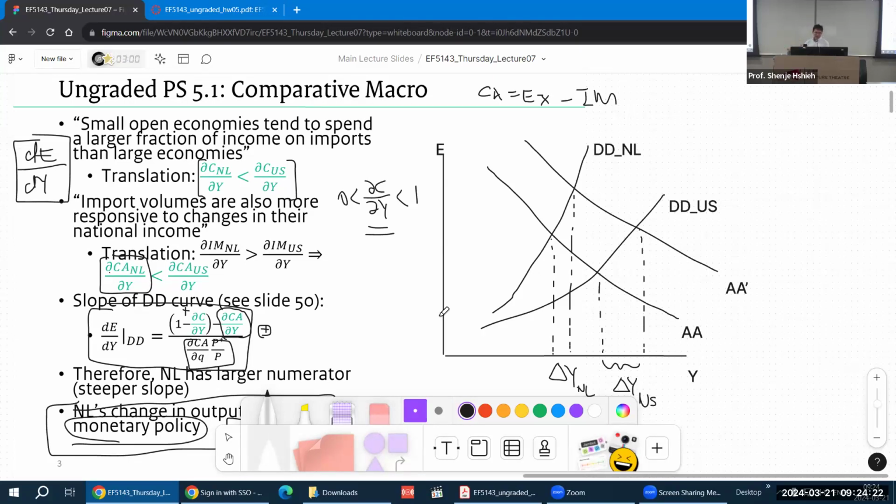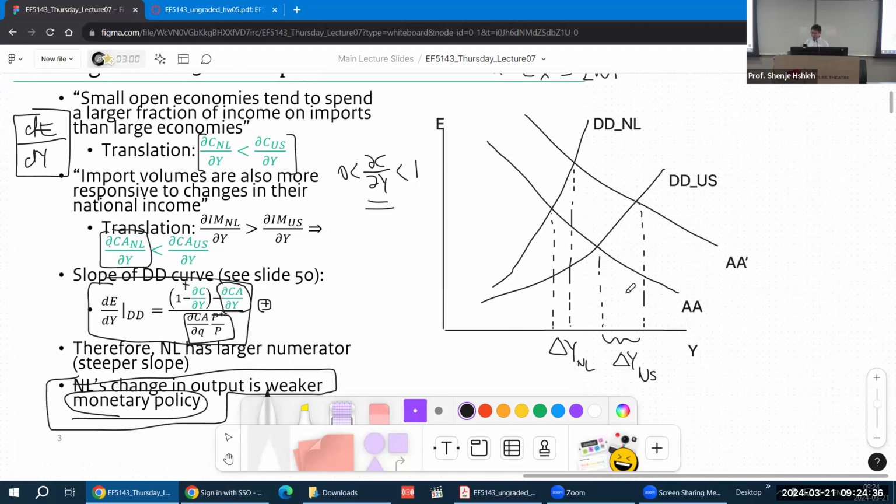Now, to evaluate whether a certain policy is more effective for one country than the other, we just do a hypothetical shift in a schedule to evaluate the monetary policy. So we do a monetary expansion, we shift a curve upward, and we realize that the gap between the two equilibriums before and after the shift is much larger for the US as opposed to the Netherlands.